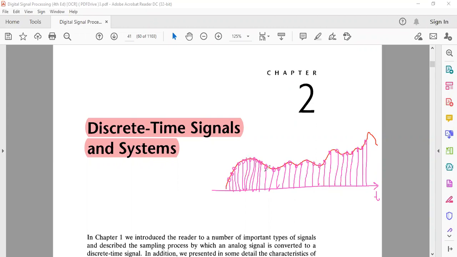And like we said, the more the samples, the more the information that you can derive out of the sampled discrete signal, okay? The more the samples you take, the more the information you can obtain from your discrete signal. Very important indeed.